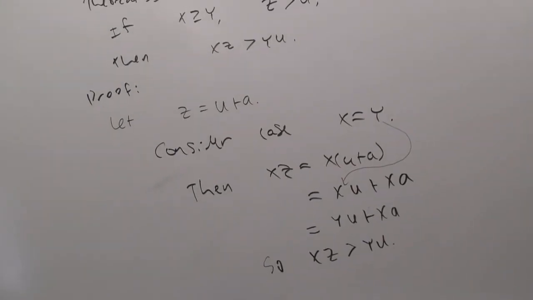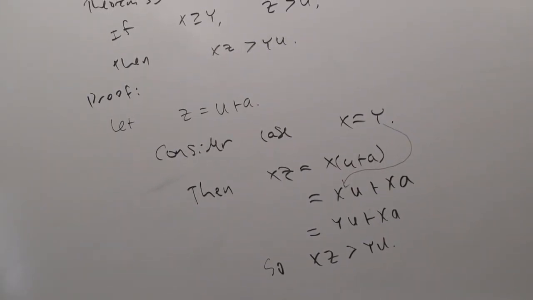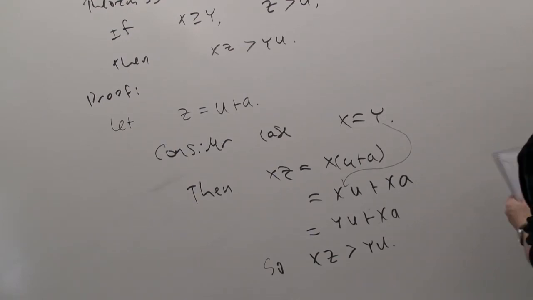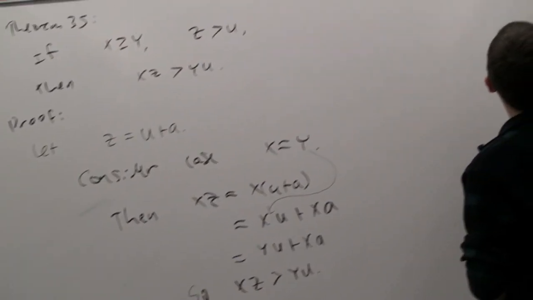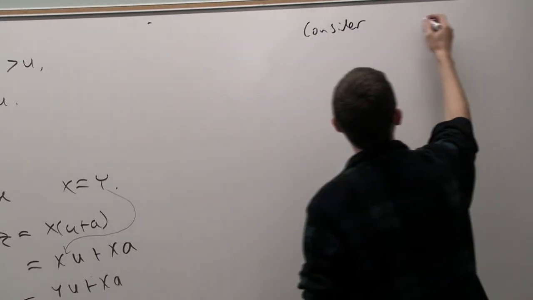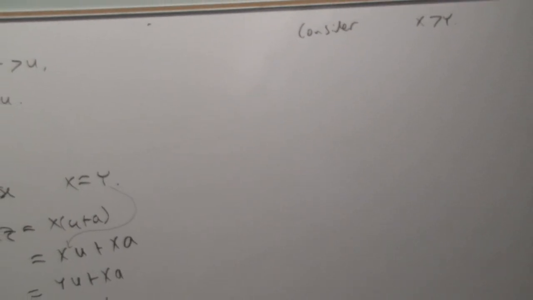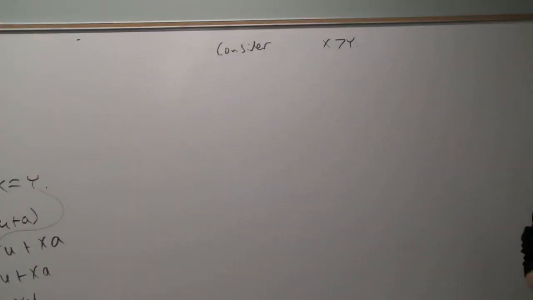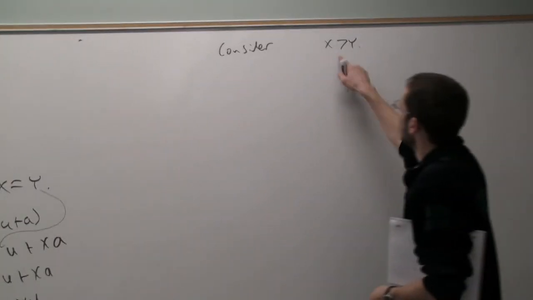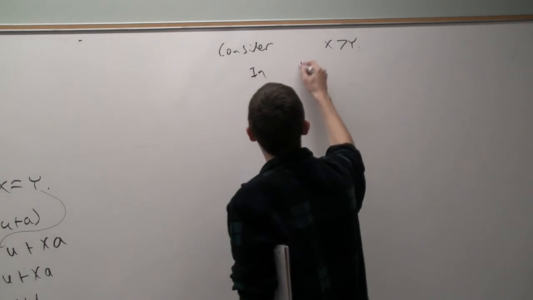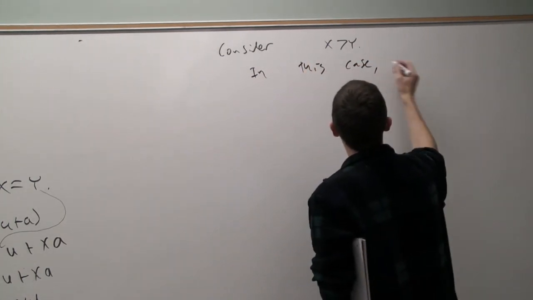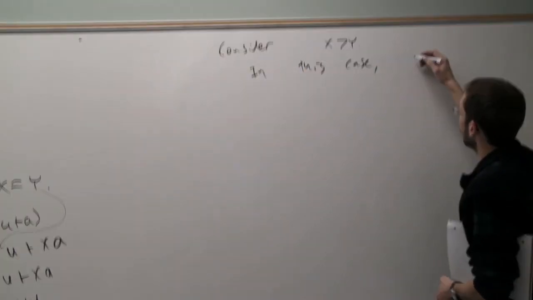The second case says x could have been greater than y. But in this case, theorem number 34 holds.